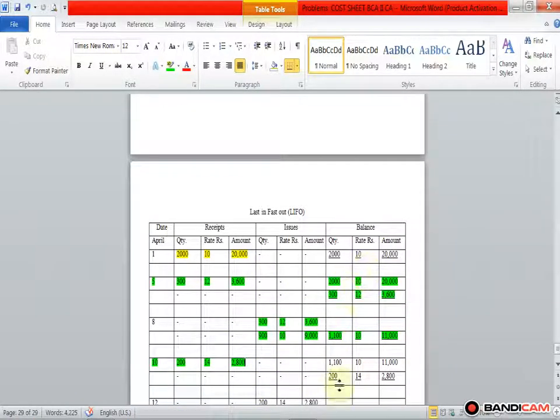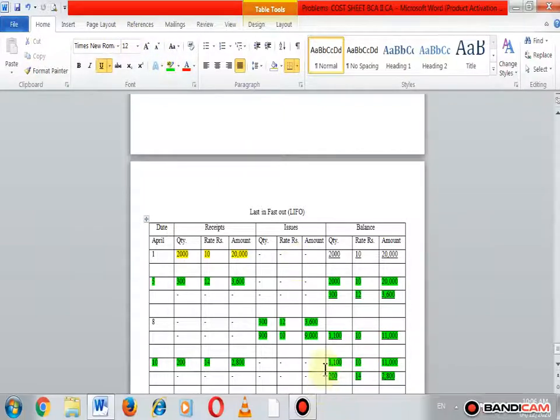Okay, so our balance is the first lot's remaining balance of 1100 at rupees 10 each, as it is the balance on the 10th April, and on 10th April we received 200 units at rupees 14 each. So this balance is also available here, so we write it under the balance column.